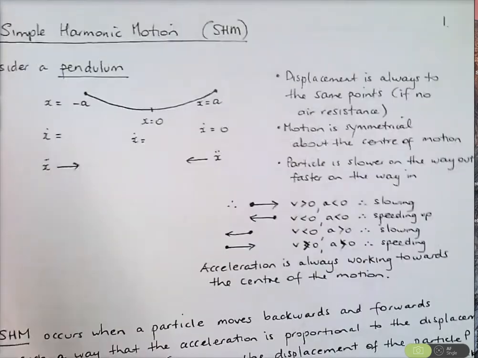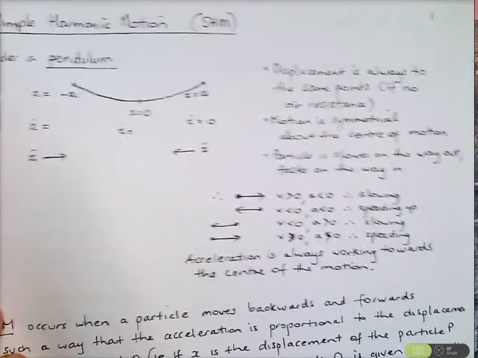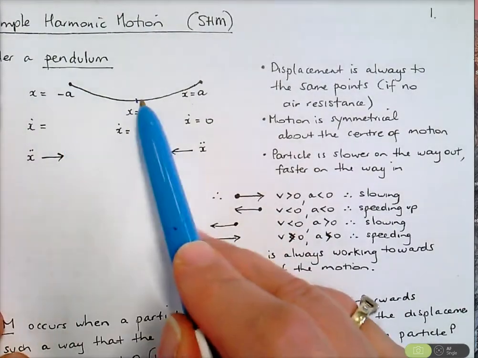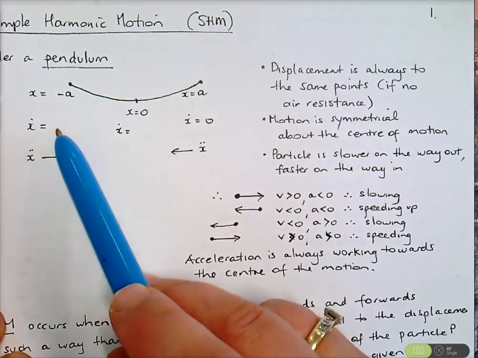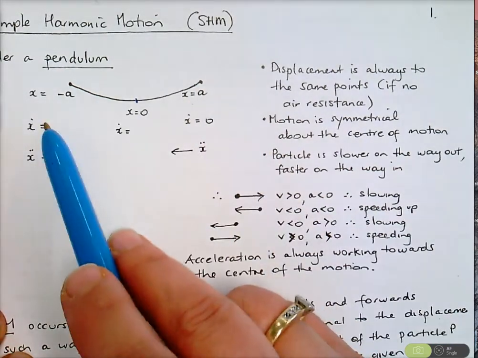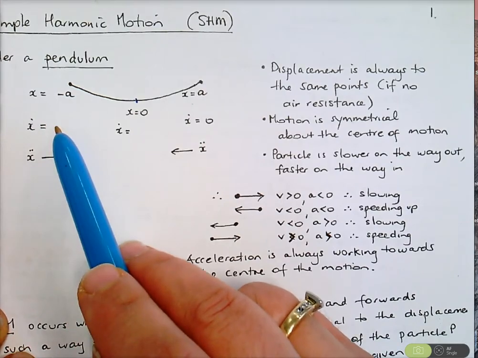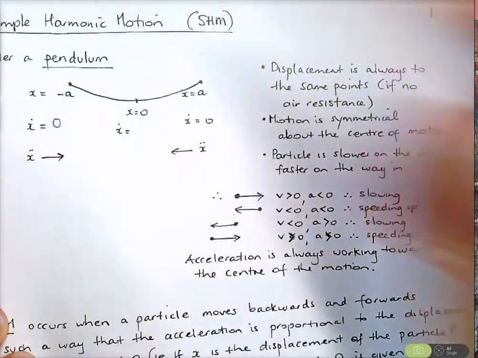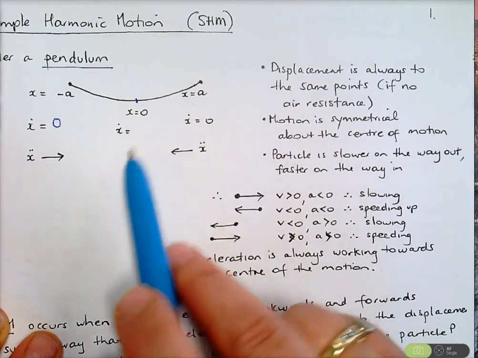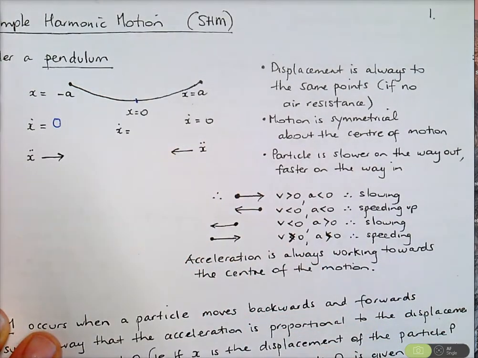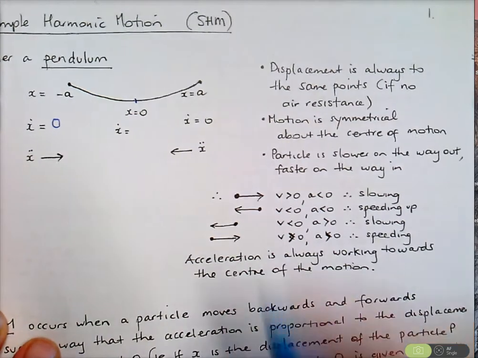Please copy this. So consider a pendulum. Here x is negative a, x is 0, x is a. Draw it like that. On the ends, what happens? It stops. x dash is 0 there. And in the centre, it's the fastest. x dash is max.